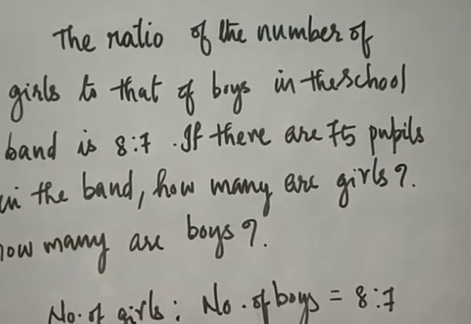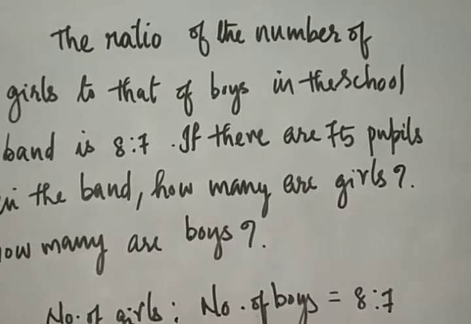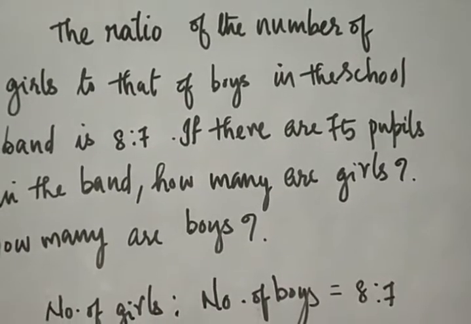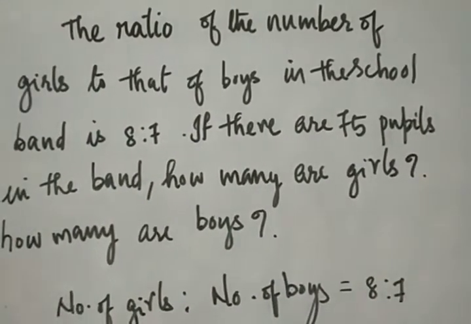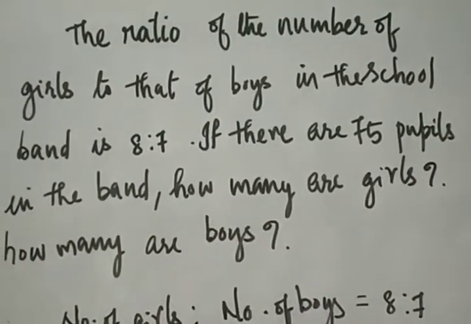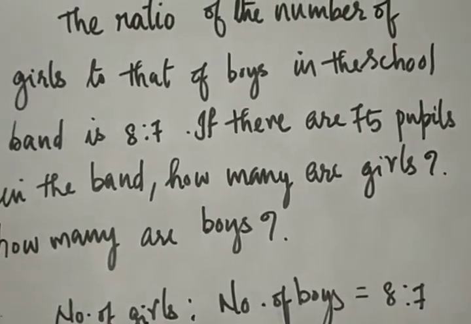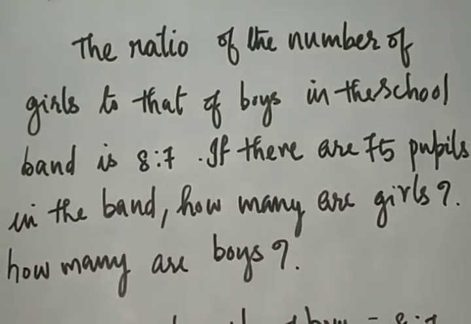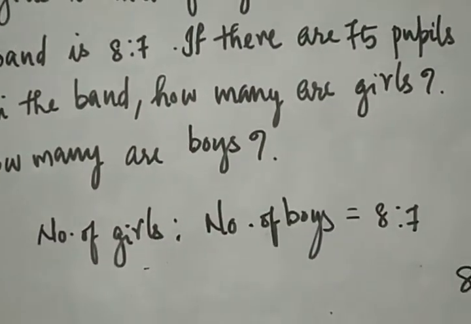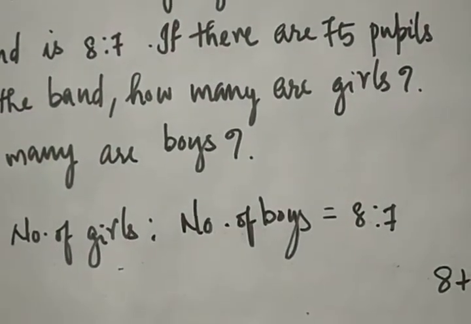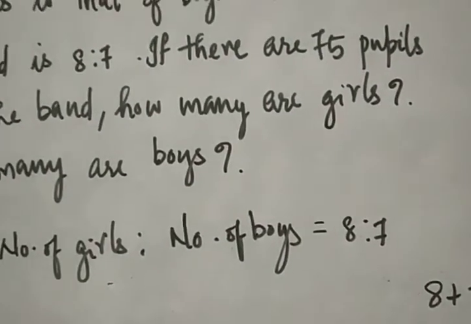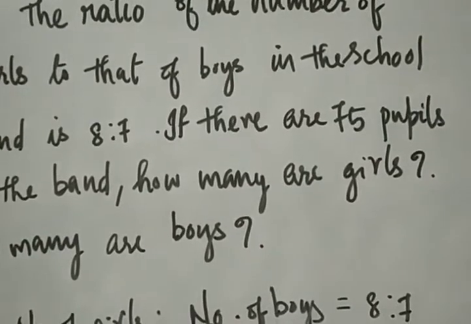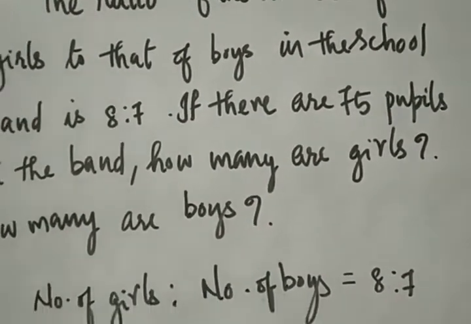And it is also given that there are a total of 75 pupils in that band, and we need to find out how many girls and how many boys are there in that band. So the number of girls is to number of boys is equal to 8:7, and there are total 75 pupils in that band.